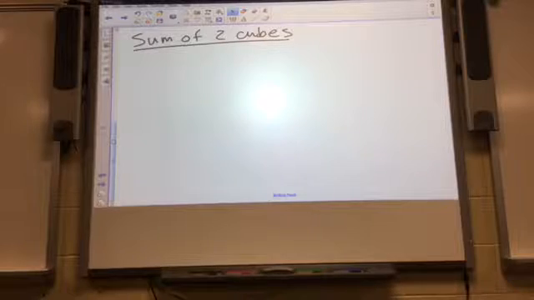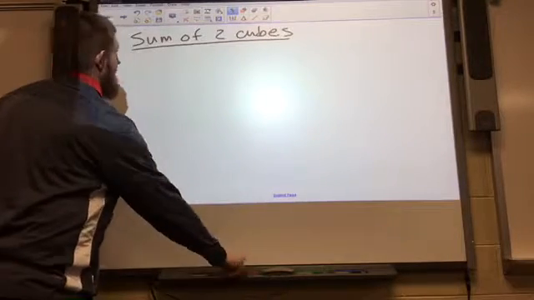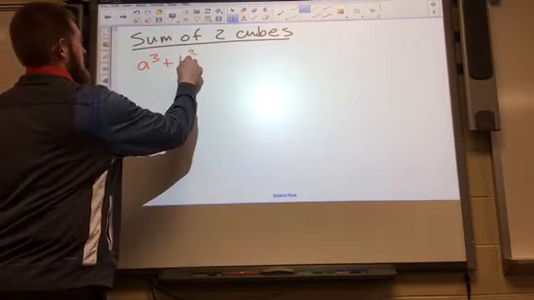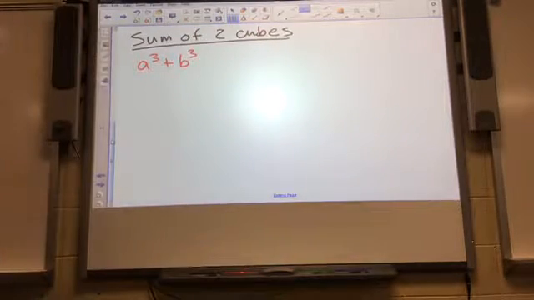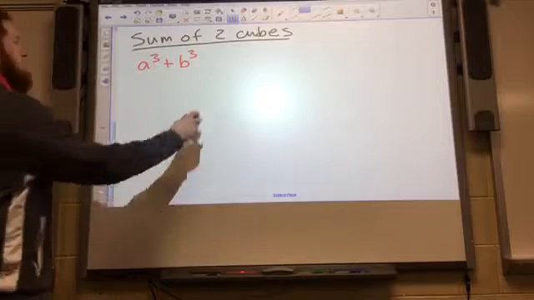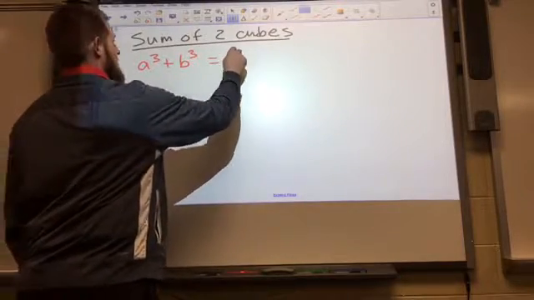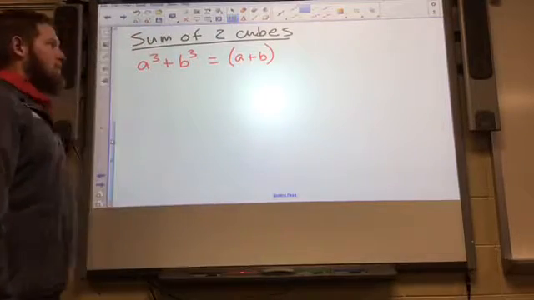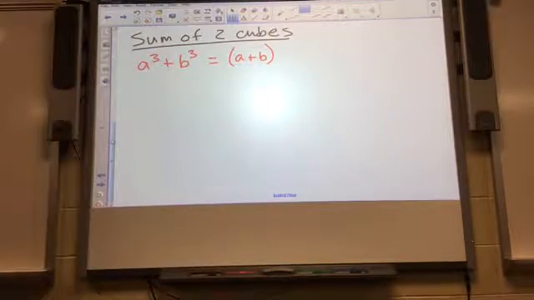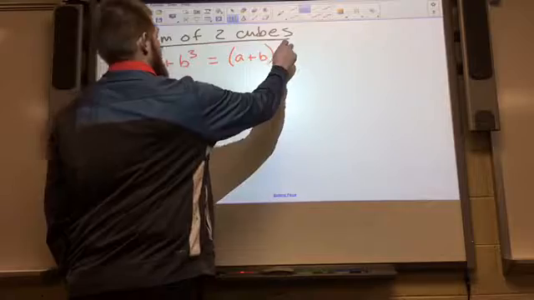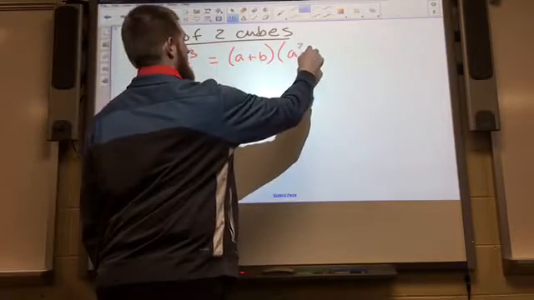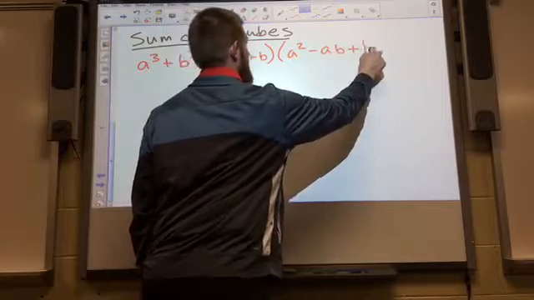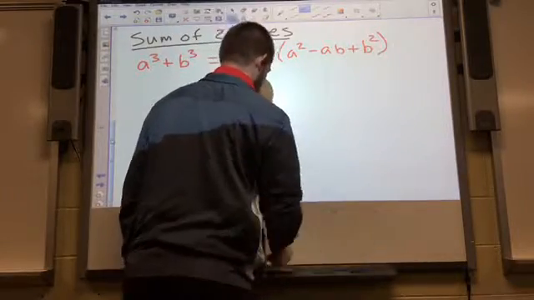Your sum of two cubes, if you have a cubed plus b cubed, is going to factor into a plus b times a squared minus ab plus b squared.